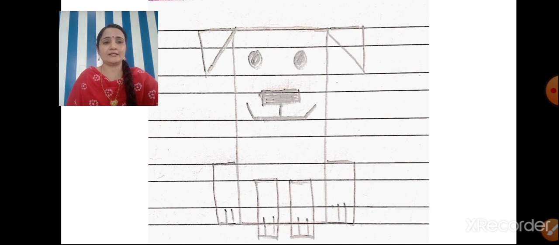And slanting lines to show its mouth. Then at the bottom, draw 4 small rectangles to show its 4 legs, and inside each leg draw 2 small standing lines to show its paws. So like this, children, draw a dog nicely with your pencil.